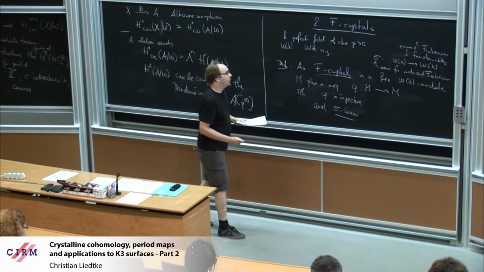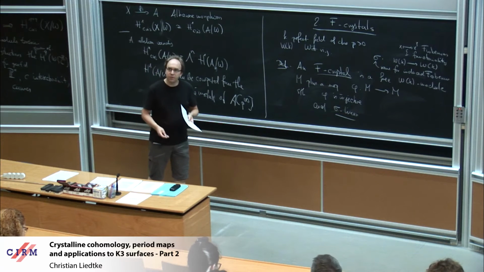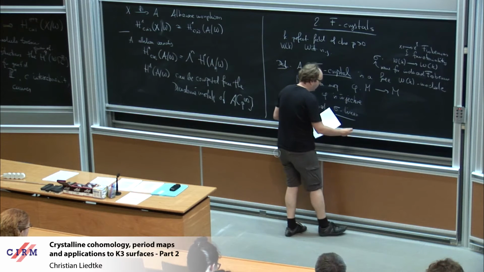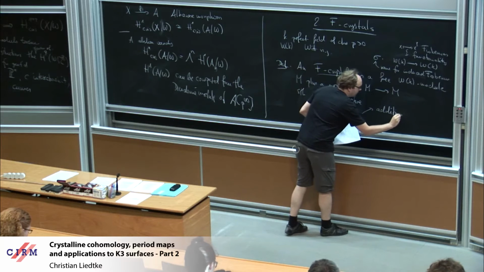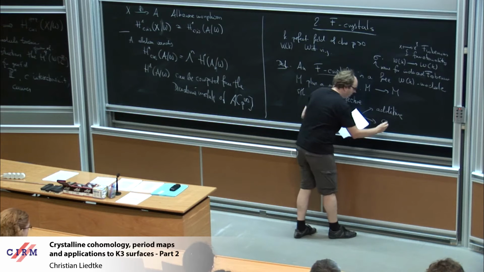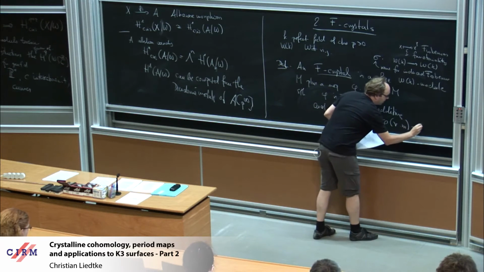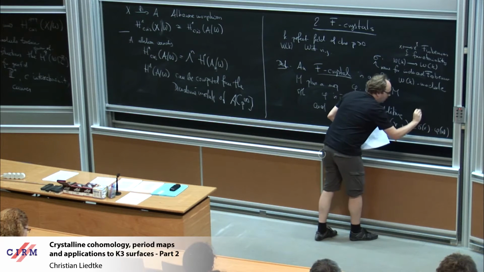In the geometric applications, Frobenius will not induce a linear map, but it will induce a map that has the following properties. It's additive, and it satisfies phi of rm is equal to sigma of r times phi of m, for all r in W and all m in M.